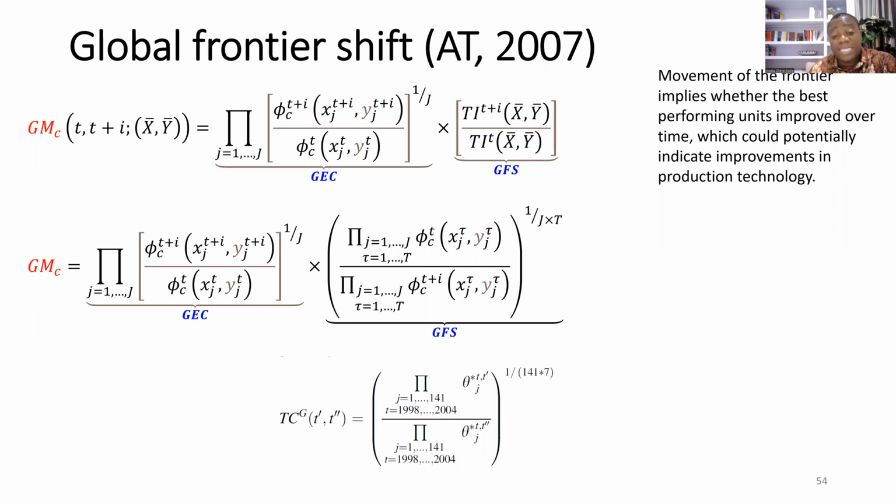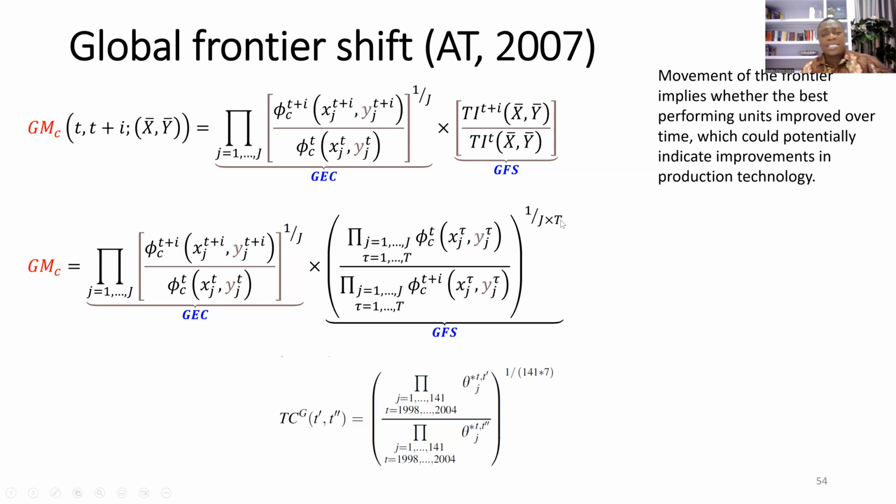But if we are dealing with variable returns to scale, we will experience potential infeasibility. So you take the technology index, which is the efficiency of all the firms in all time periods relative to frontier T and then frontier T plus I, and then you take the geomean of all of that, which is 1 over J times T.